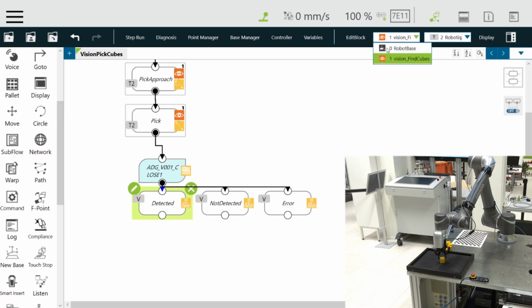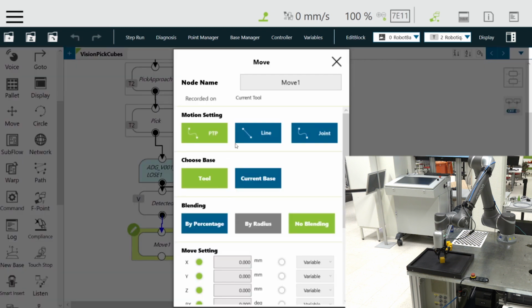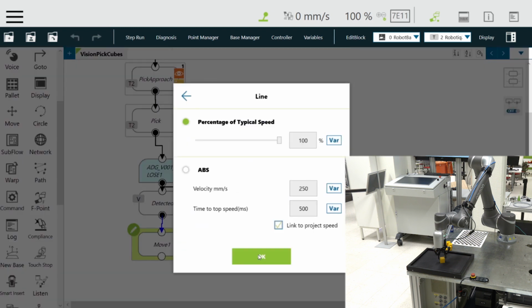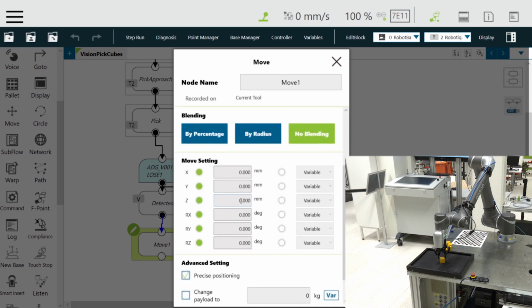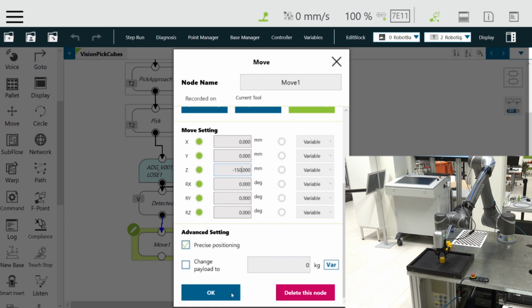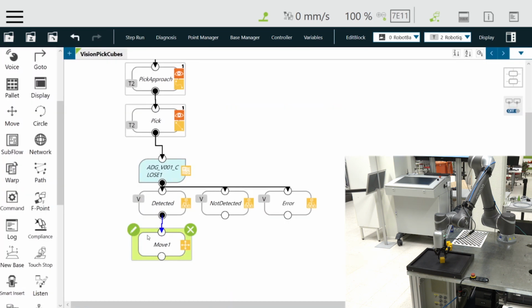For the next robot points, the coordinate system is switched back to the robot base coordinate system. This is because the next steps contain a retract point and points for palletizing cubes in a 3x3 matrix. These points cannot be moving relative to the found cube.